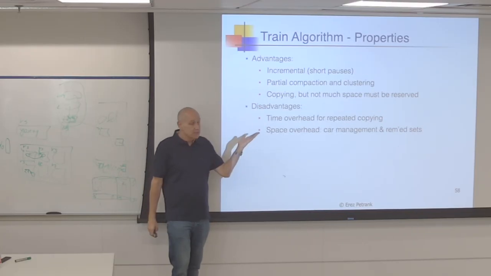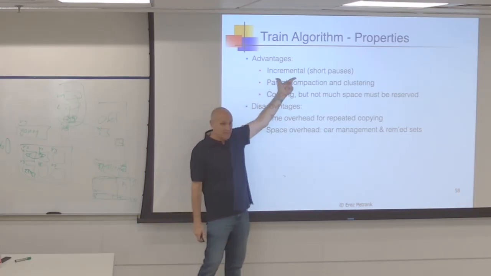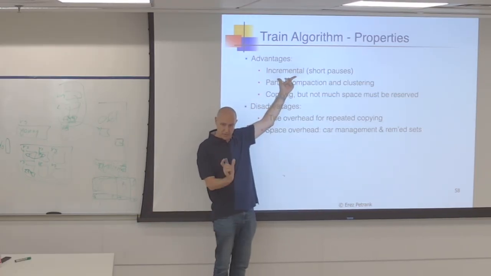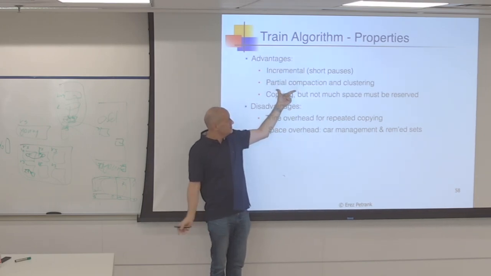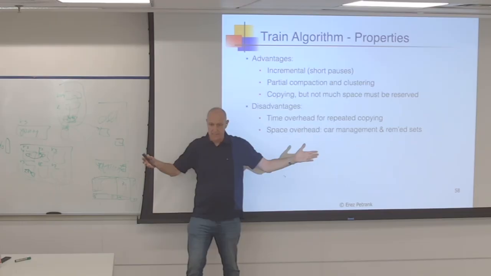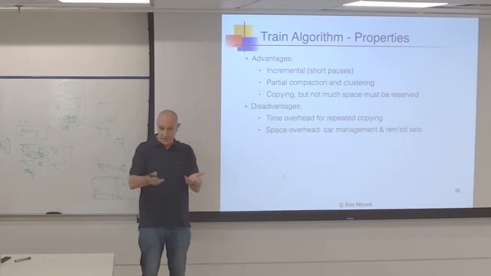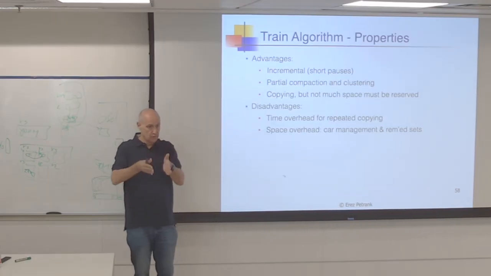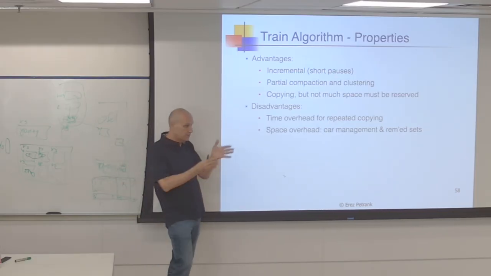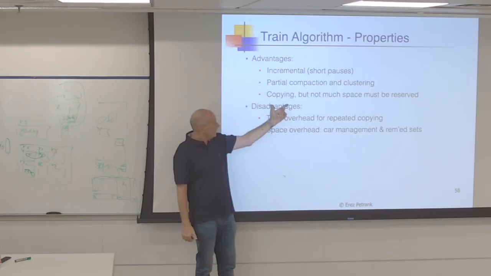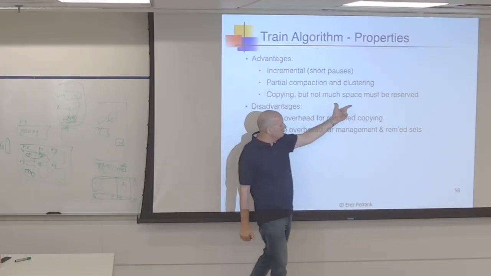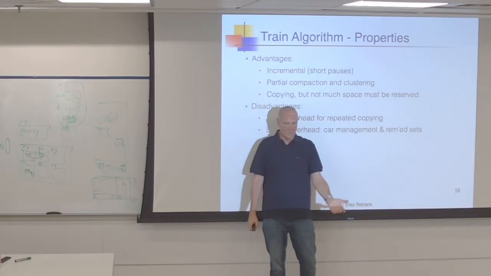To summarize, the train algorithm is incremental, with short pauses. I have the young generation plus one single car. It does partial compaction and clustering. When I move stuff to a new car, I of course do it in a dense manner from the beginning of the car. So there is compaction done, and it's copying, but there is not much space that I need to reserve.